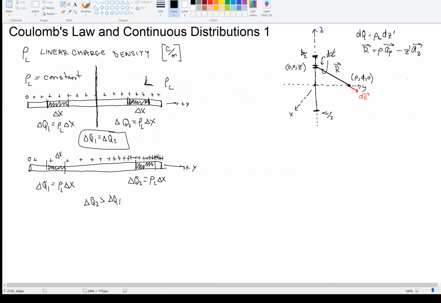And so the length of this distance vector, I'm going to draw that down here, from Pythagoras is the square root of rho squared plus negative z prime squared. And of course we can drop the negative. That's rho squared plus z prime squared.